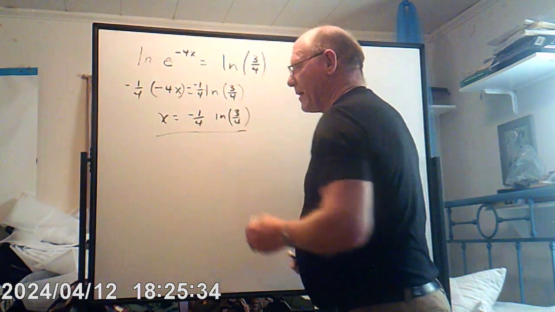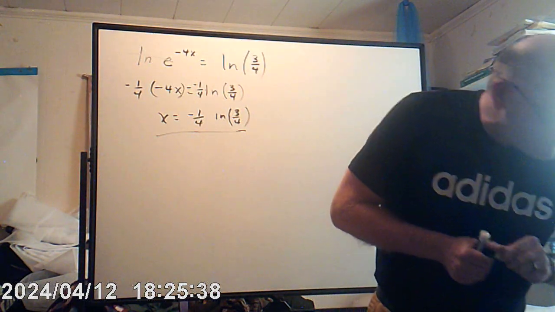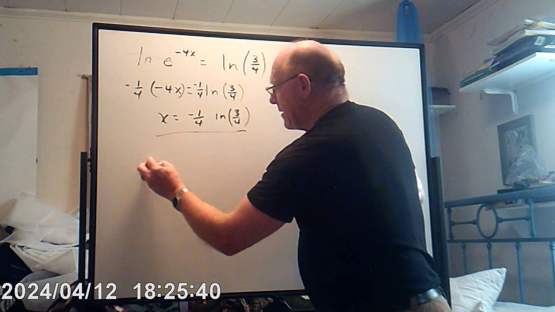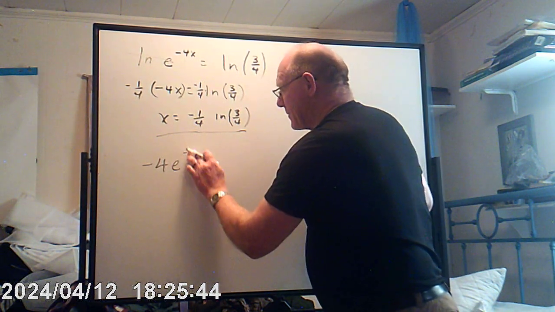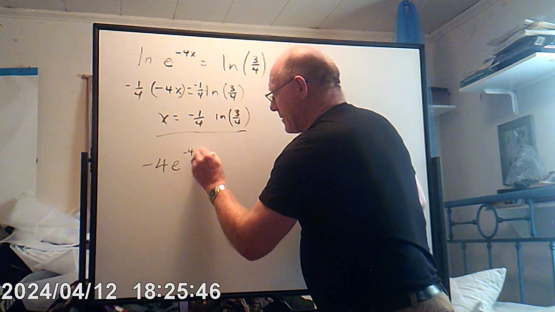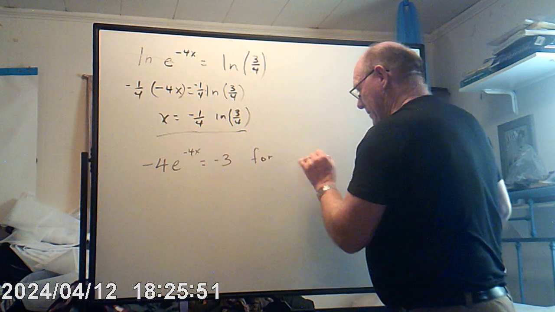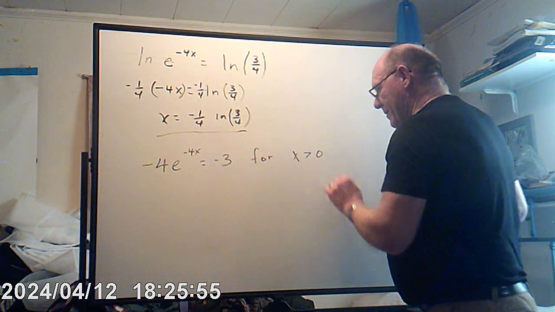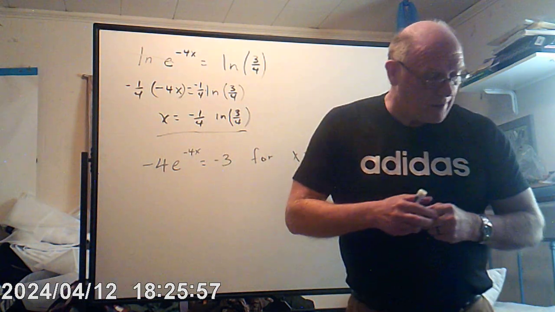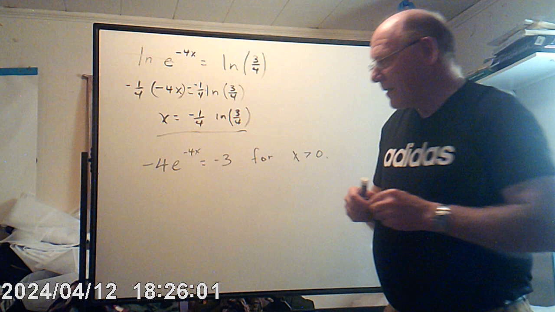Alright, and so the conclusion is that -4 e to the -4x does equal -3 for x greater than 0. Alright, and that's all that we have to do with that.